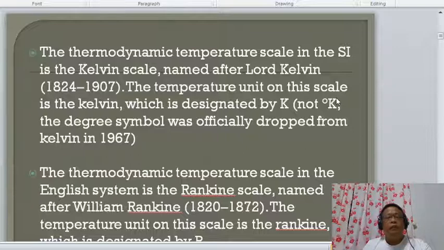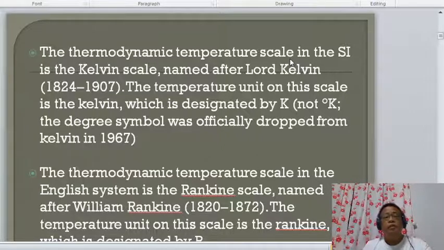The thermodynamic temperature scale in SI is the Kelvin scale. This is named after Lord Kelvin. The temperature unit on the scale is the Kelvin, of course.